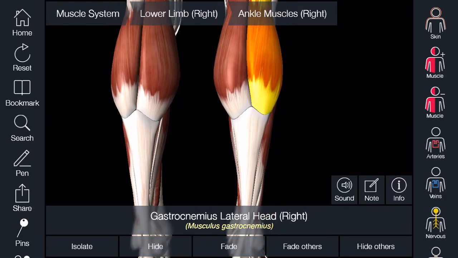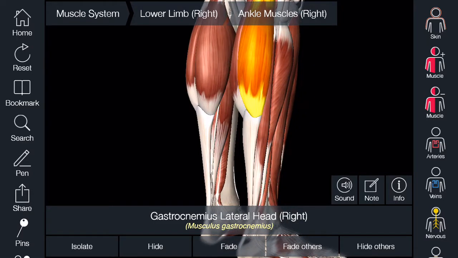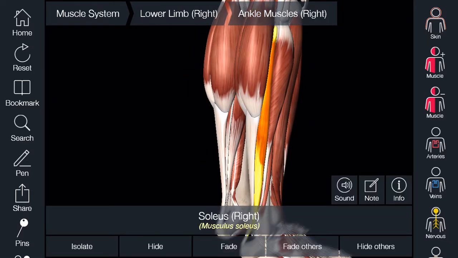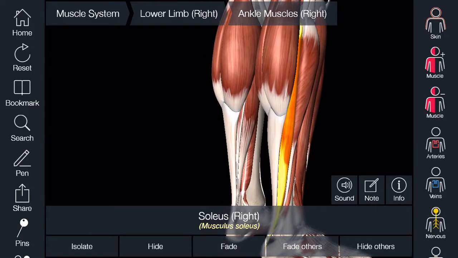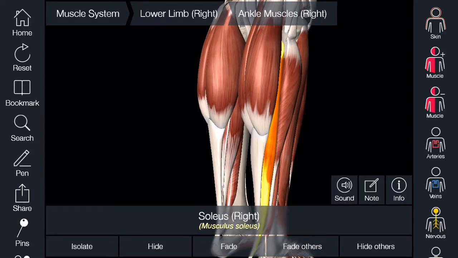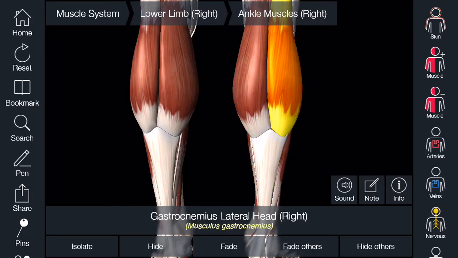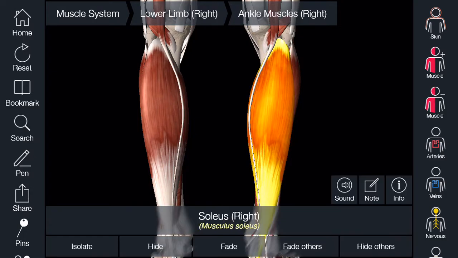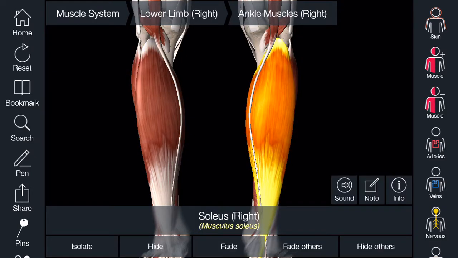The soleus, I'm going to have to remove a layer. It's this one, which doesn't really help you much, but basically think of the soleus as right under your calves. If I remove the calves, there's your soleus. And again, the action of that is plantar flexion of the foot.